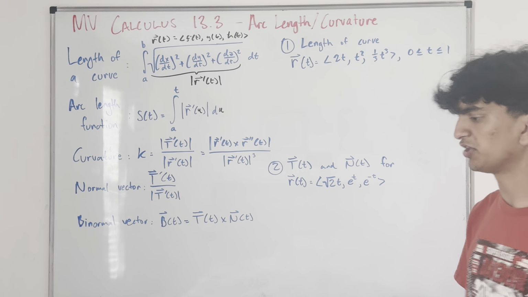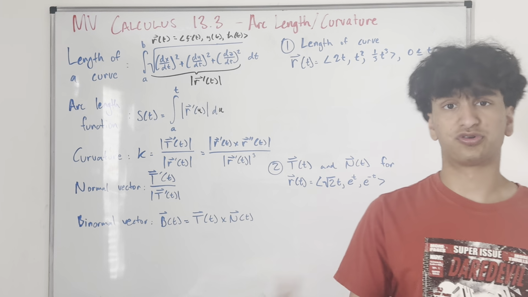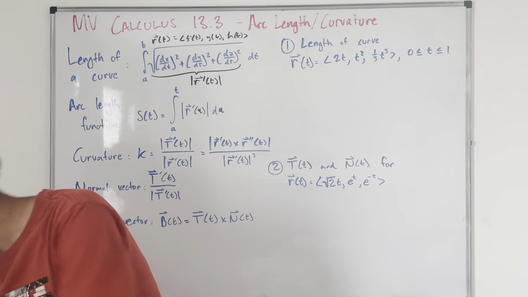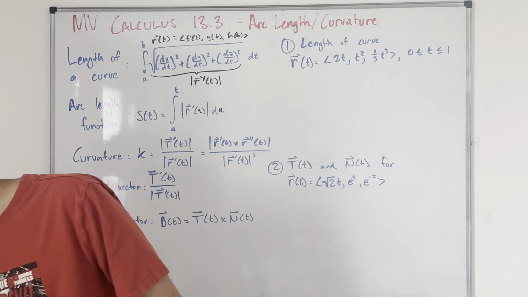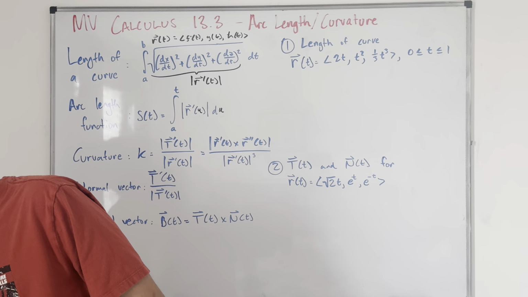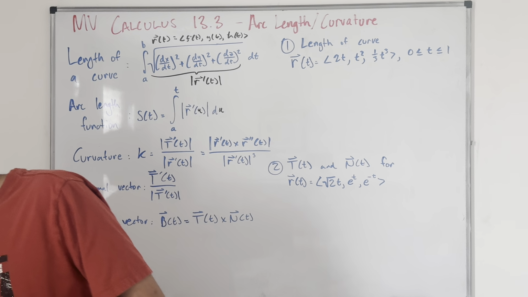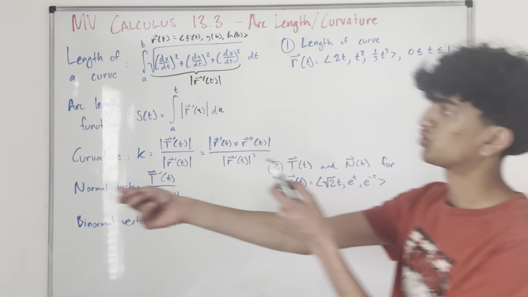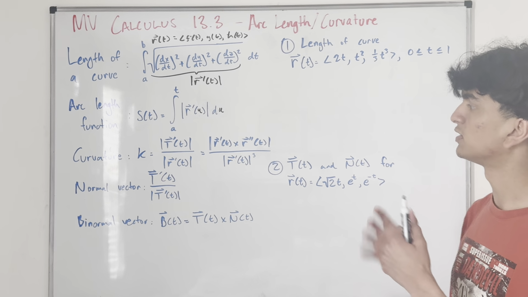So the next big idea is, for the arc length function, note these have to be continuous functions. You can't really find the arc length of functions with holes or discontinuities. Also, let me check my book. I believe this kind of function only works if C, our curve, only travels in one direction, only once.